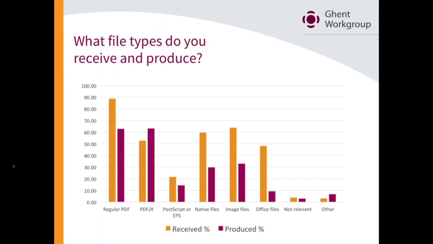For those of you who create or receive some of these types of files, there are significant benefits, for example, to taking a PDFX or PDFX Plus file, and I'll talk about what that means shortly, over a PostScript or an EPS file.